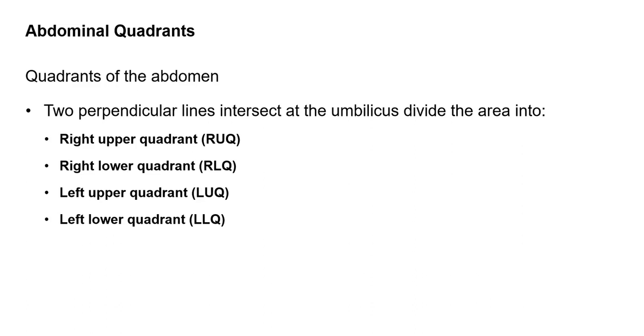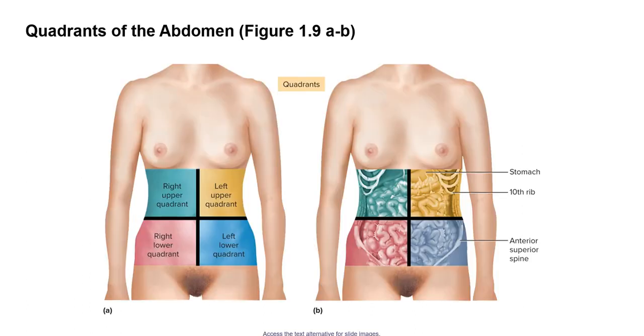The abdomen itself has 4 different quadrants: right upper, right lower, left upper, and left lower. So if we look at this picture, it shows you in detail. Remember, our patients are always in anatomical position. So when you're looking at it, your left is actually the right side.